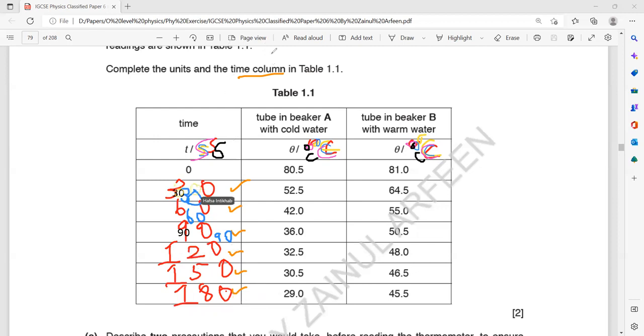So it depends on the question. In some questions they say we recorded the temperature after 1 minute. So it should be 60, then 120, then 180, then 240, and then 300, depending on the question. This is right.